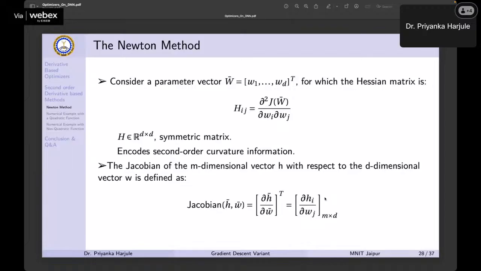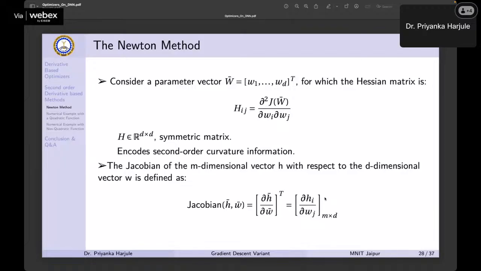So then come the second order methods, which can give us more information about the curvature of the loss surface, that is, measuring the change in the gradient along a particular direction.